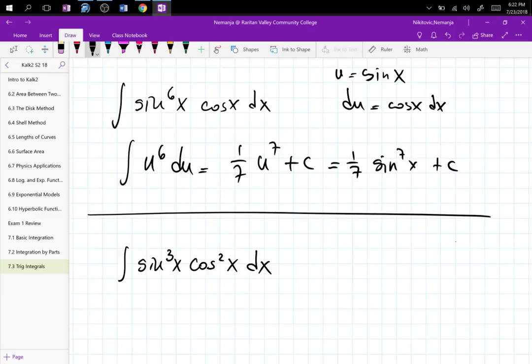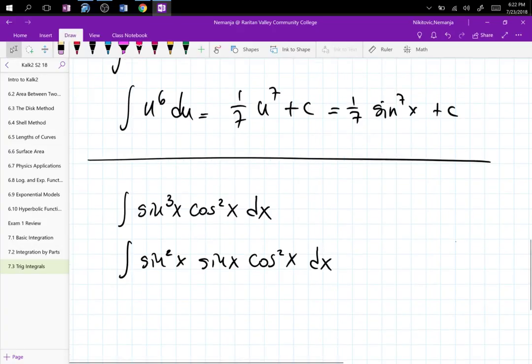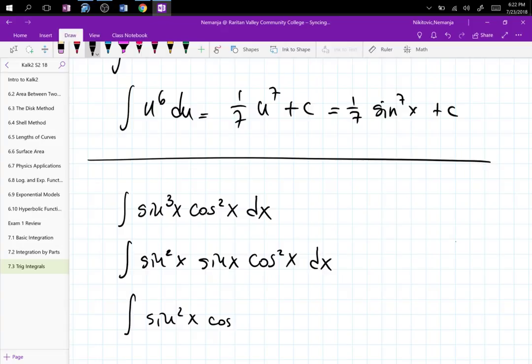So we are going to start by peeling off a sine x, and then we are going to move that sine x to the end. If they both have odd exponents, pick one. So we do this and we peel off. Great. What is the derivative of sine?